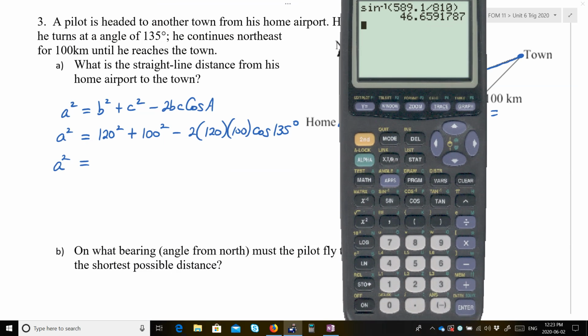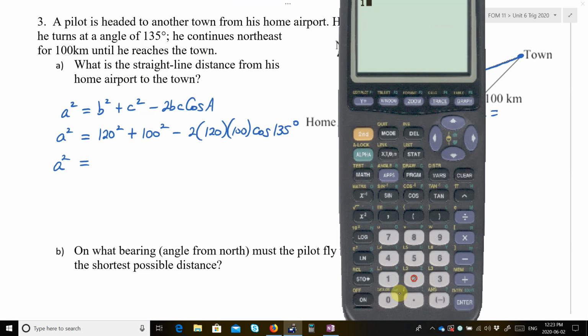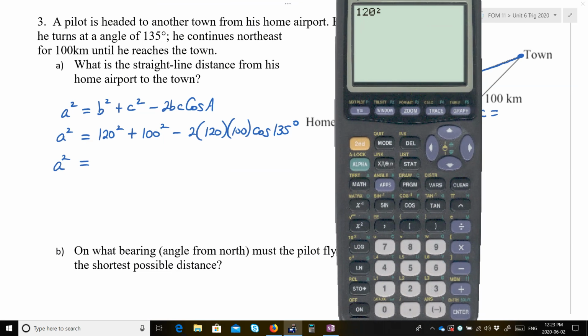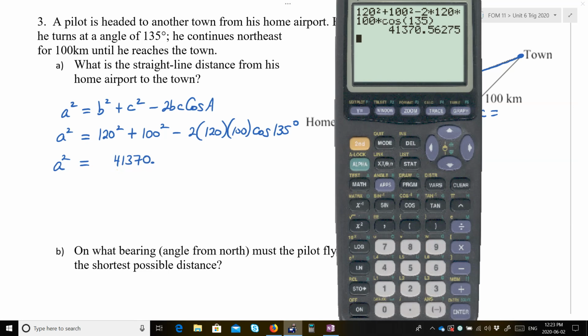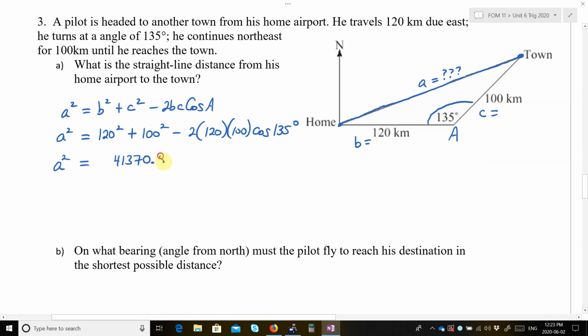Okay, let's work this out. 120 squared plus 100 squared minus 2 times 120 times 100 times cos 135. 41370.56275. Excellent.